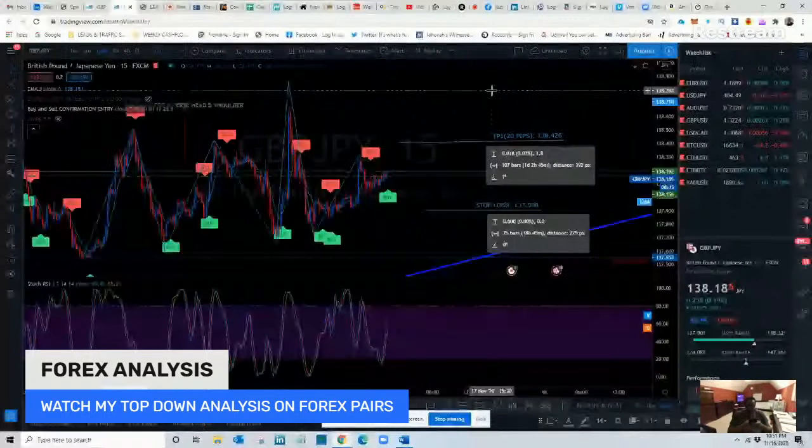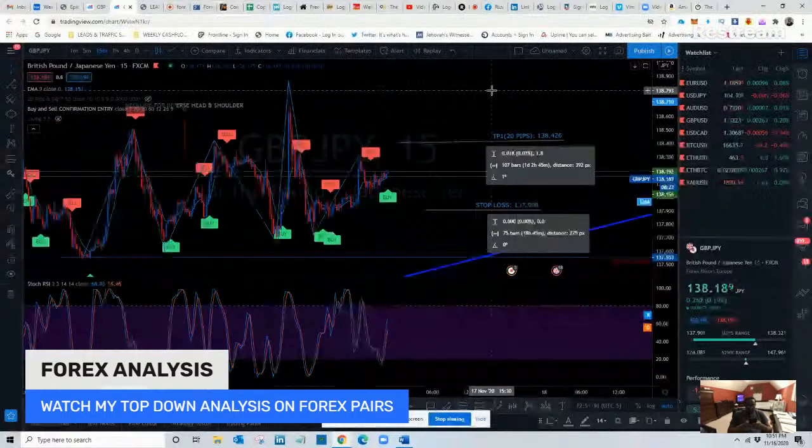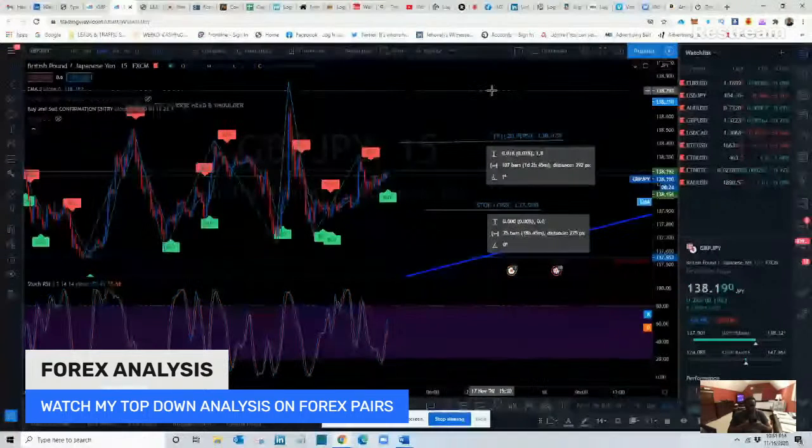TP1, which is 20 pips, is going to be 138.426. I'm going to also put a note.